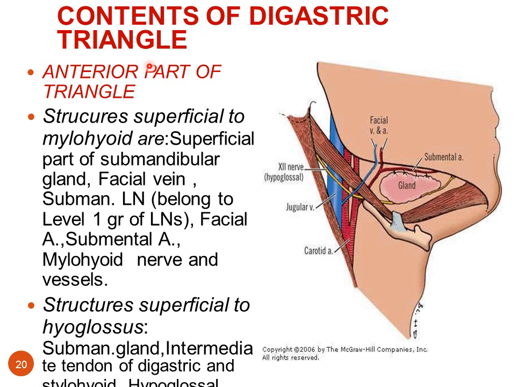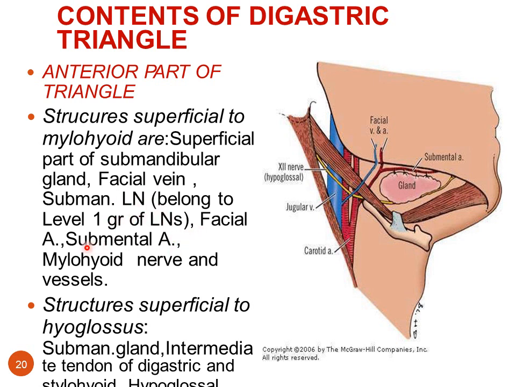What are the contents of the digastric triangle? The main content of the anterior part of the digastric triangle is the superficial part of the submandibular gland. Then we have the facial vein and submandibular lymph nodes. They belong to the level 1 group of lymph nodes.